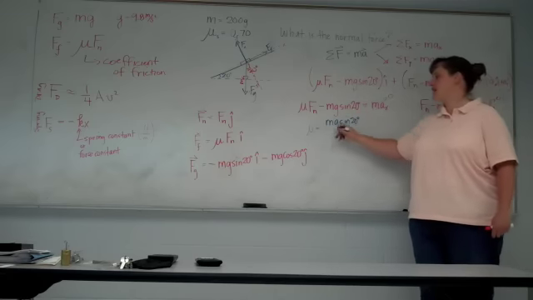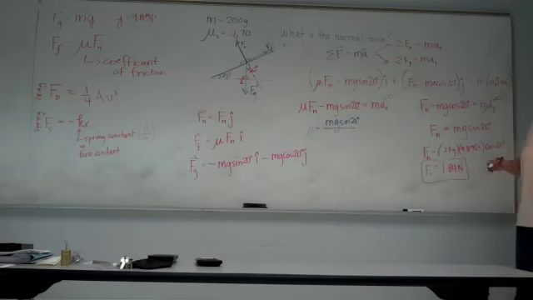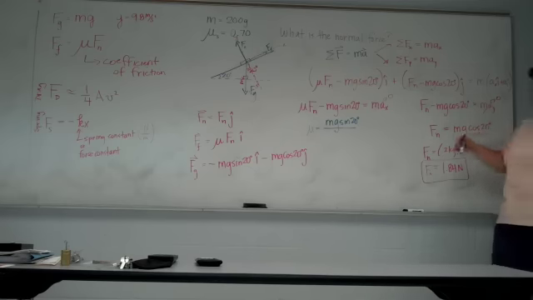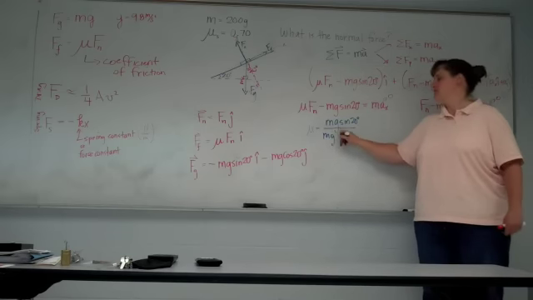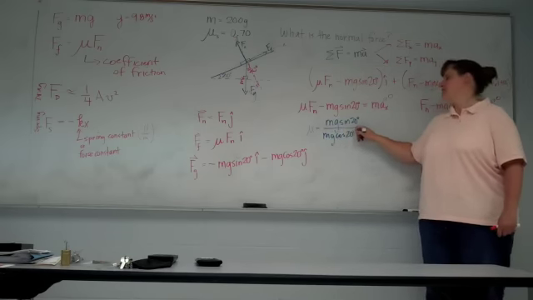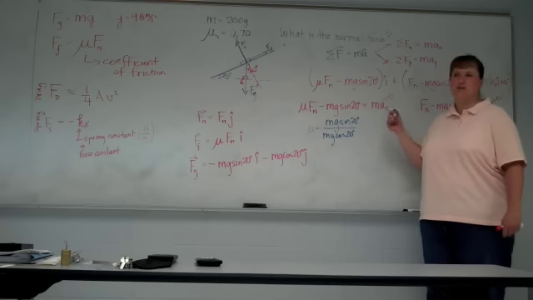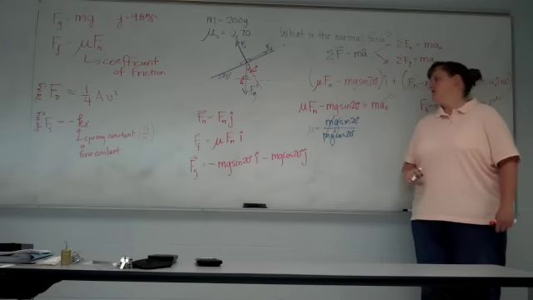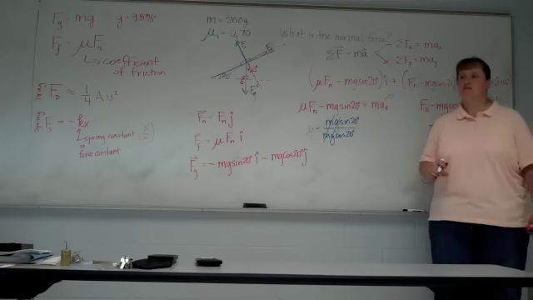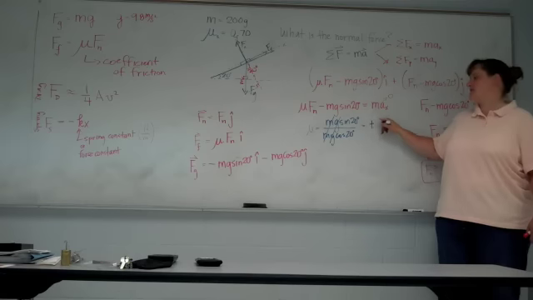So bringing this to the other side, I'm going to be lazy here. Normal force was equal to mg cosine 20. Now you can use the 1.84 and plug all the numbers in, that's fine. I'm going to do it this way, because my n's and my g's cancel. Sine over cosine's tangent.